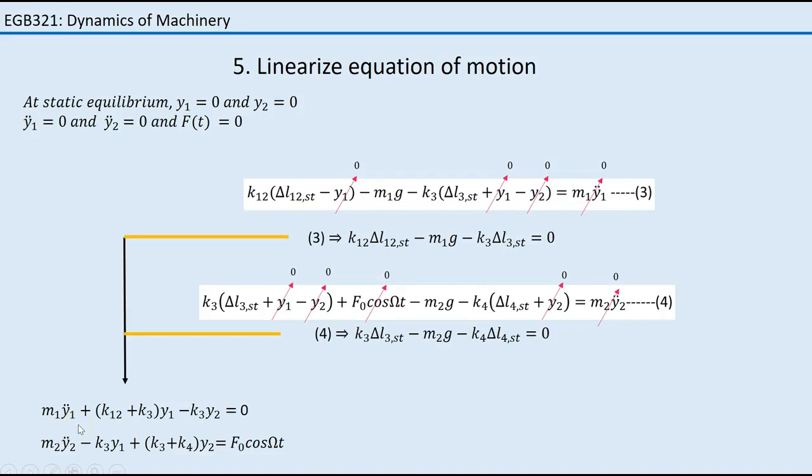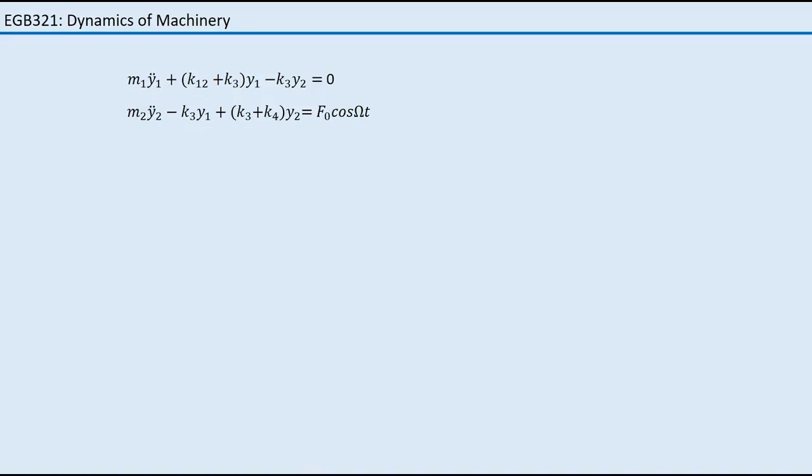So what we did is substitute these two equations into equations 3 and 4 respectively, and rearrange it to get this expression where we have first the acceleration, then the y1 displacement, then the y2 displacement, and then the force component. Once we get this rearranged simpler equation form, we want to form the matrix.